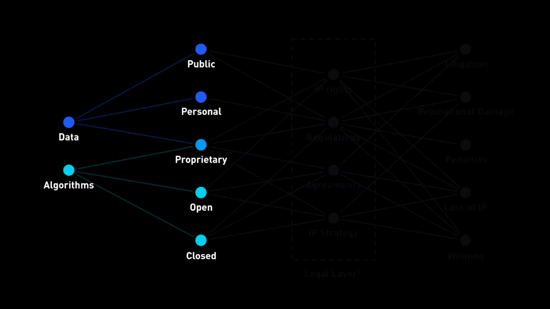The next layer represents features of those data and algorithms. So data might include public data, for example, scraped from the internet, personal data relating to identifiable individuals. It may include proprietary data that you've generated or collected yourself. And algorithms may also be proprietary, as in owned by you. They can be open, as in open source or open weights, and they can be closed, for example, hosted in a cloud and accessible by an API.